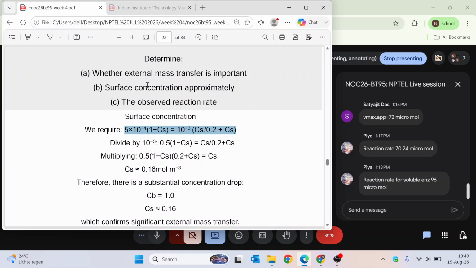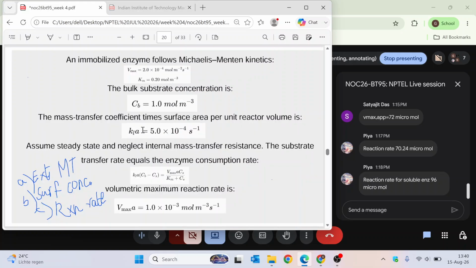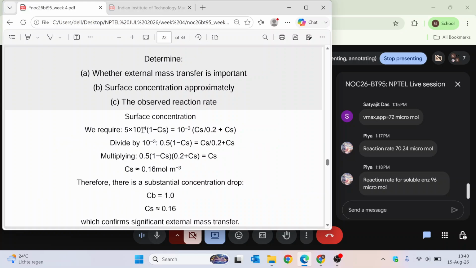The question that was asked is your surface concentration. So you are going to solve based on the equation that is given here. You take the value and when you solve, you will get your CS value as 0.16 or 0.15 moles per meter cube. When you solve using different ways, you will end up with that.